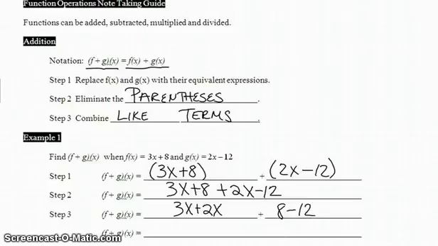Just as a reminder, what makes a term a like term? It's when the variable and the exponent portions match exactly. So I'm going to combine 3x and 2x. 3 plus 2 is 5, so I have 5x plus, and 8 minus 12 is negative 4.